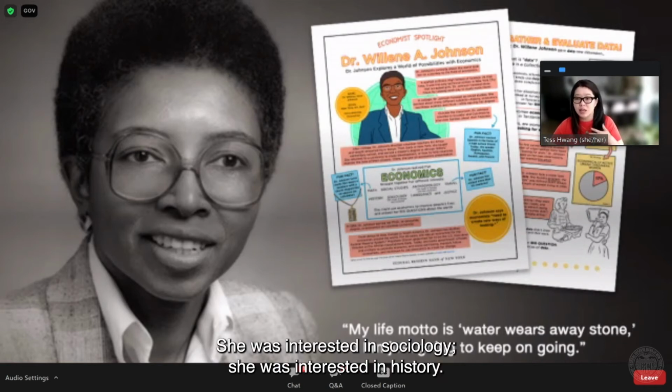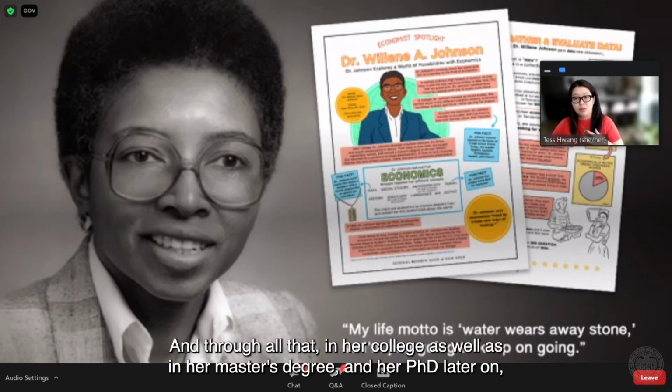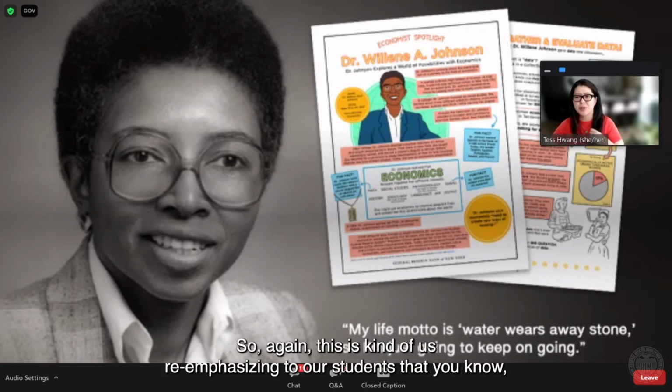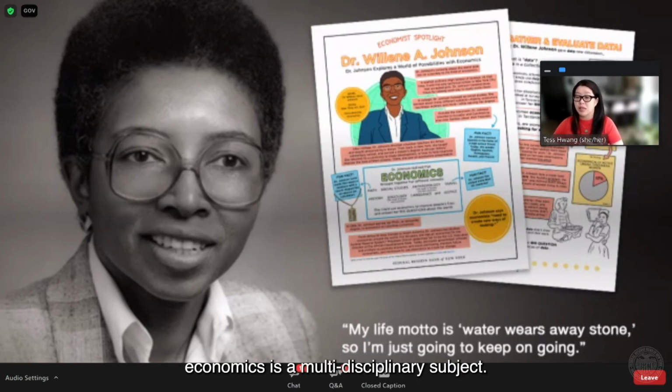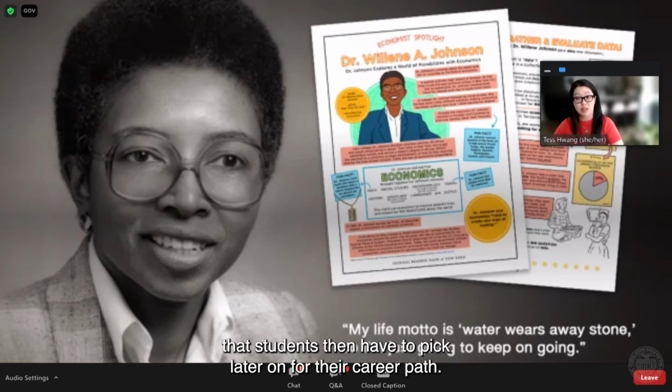She was interested in sociology, history, languages, justice, travel, and through all that, in her college as well as in her master's degree and her PhD later on, she realized economics kind of brought everything together. So again, this is kind of us re-emphasizing to our students that economics is a multidisciplinary subject, and it covers a lot of different things, and it's not just one kind of solo subject that students then have to pick later on for their career path.